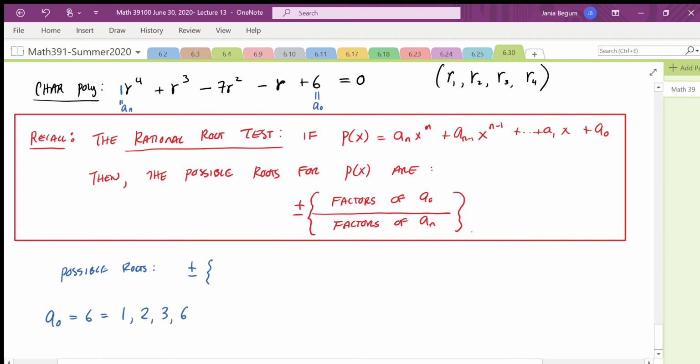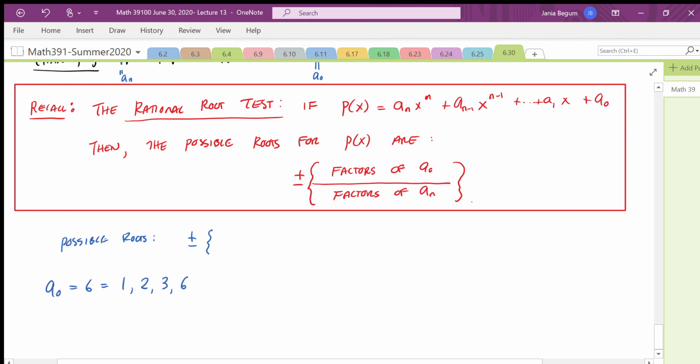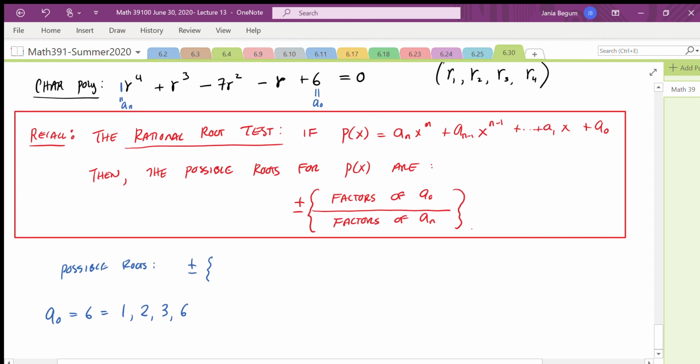And a_n is 1, and the factors of 1 is just 1, so there's no other factor. My possible roots are the ratio of a_0 over a_n. So we have 1 over 1, that's 1, 2 over 1, that's 2, 3 over 1, that's 3, and 6 over 1, that's 6. So these are the possible roots for this particular polynomial.